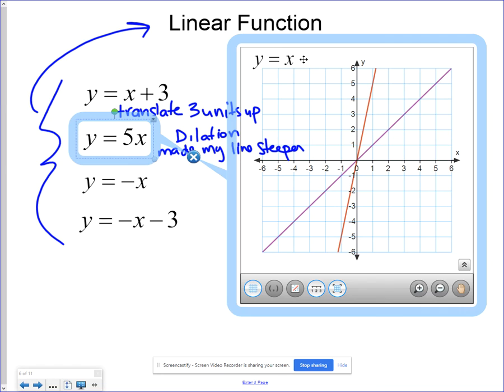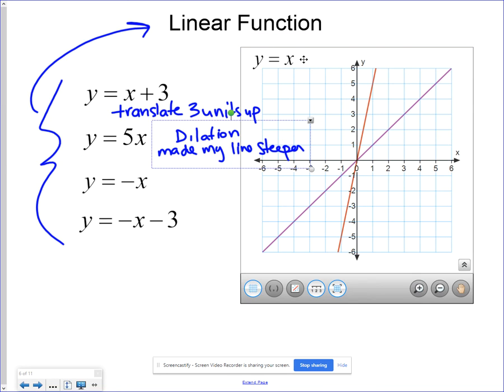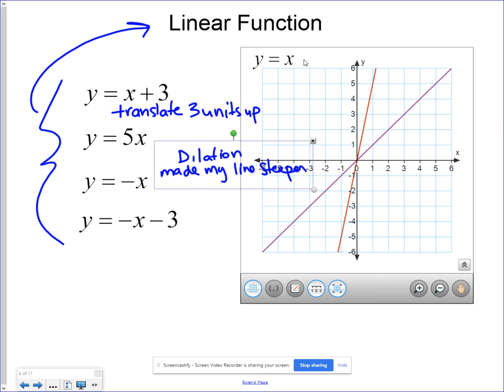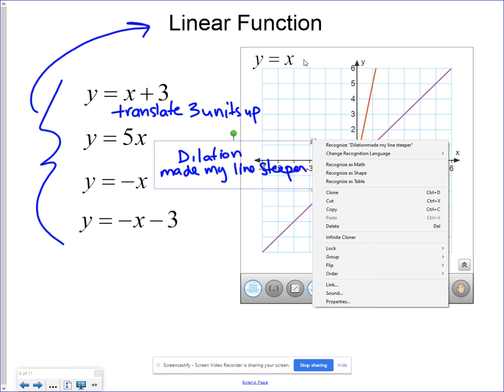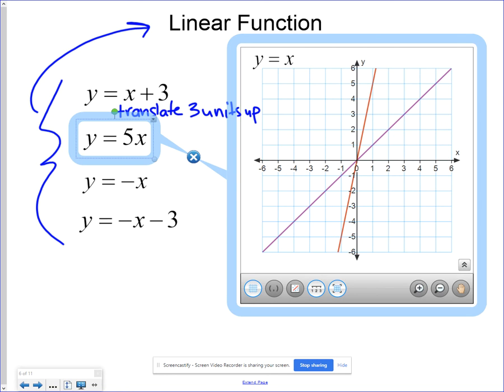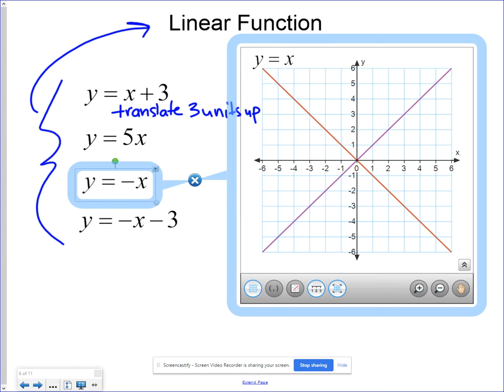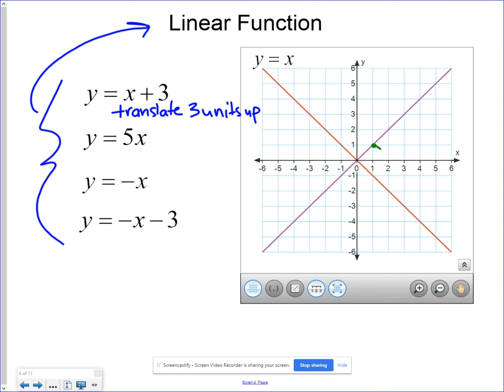All right. What's going to happen when I stick a negative sign in front of it? Let me get rid of this. Let's grab this one now. What happened to the purple line? Again, it's starting at the same point, but if you look at this point right here, that point is now down here.